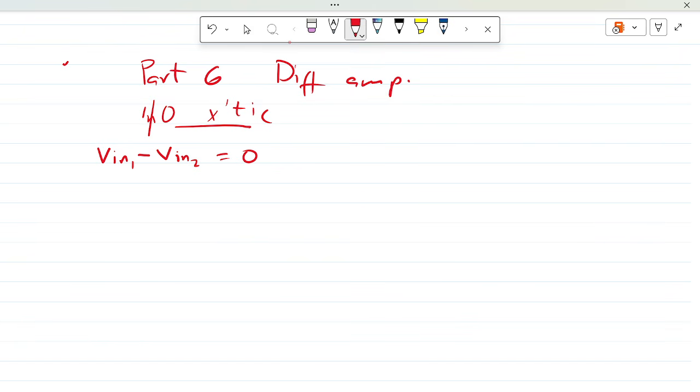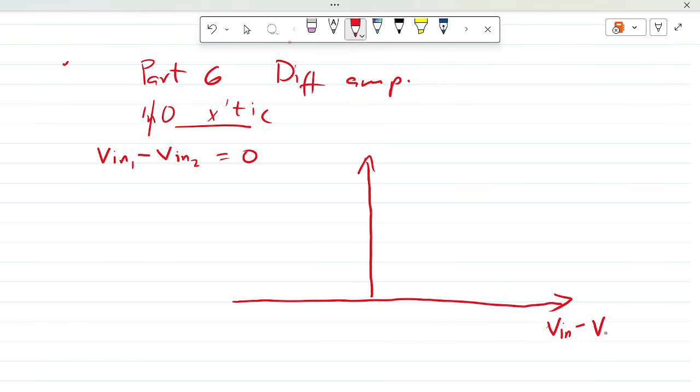We looked at that in the previous video. Now we are just going to study the input-output characteristics, and that will make us appreciate what we are doing better. For now, I have V in 1 minus V in 2.